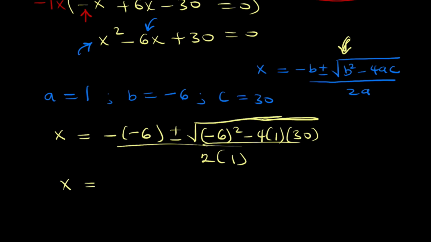So x is equal to 6 plus or minus the square root. This will be 36 minus 4 times 30 is 120, and divided by 2.